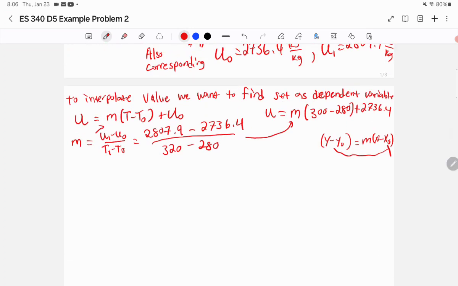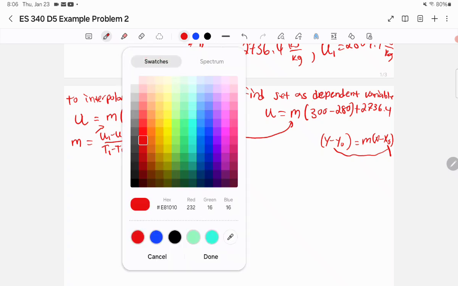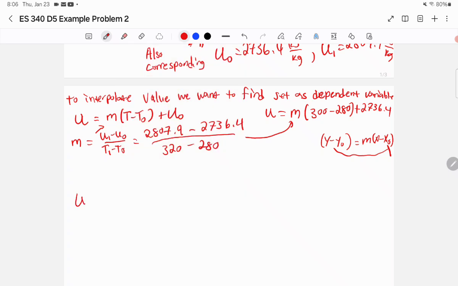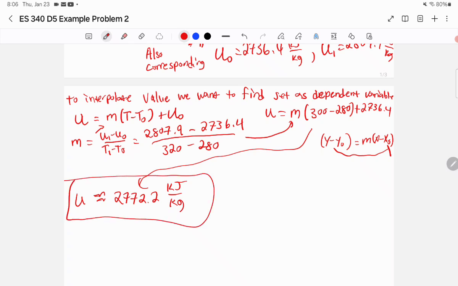That means that U ends up being approximately 2772.2 kilojoules per kilogram. So that's my value. So this is how we interpolate.